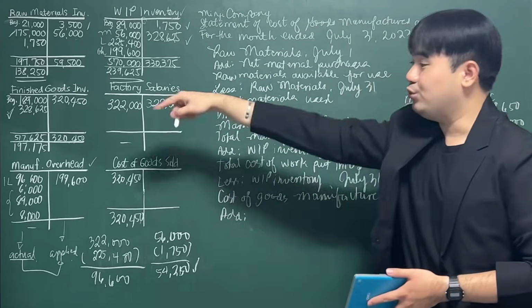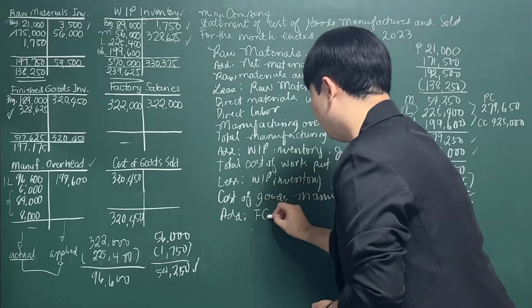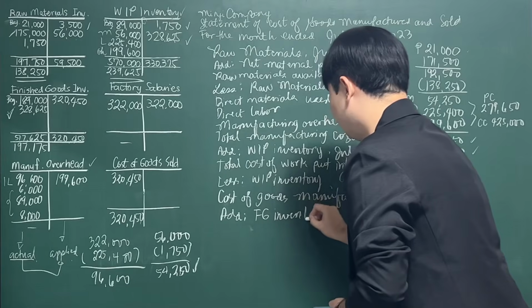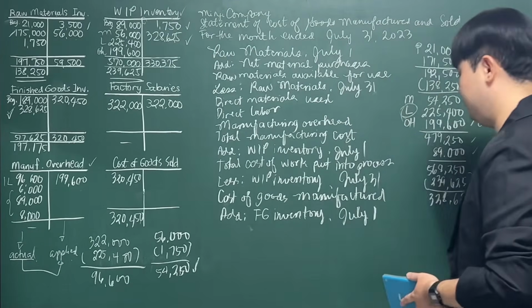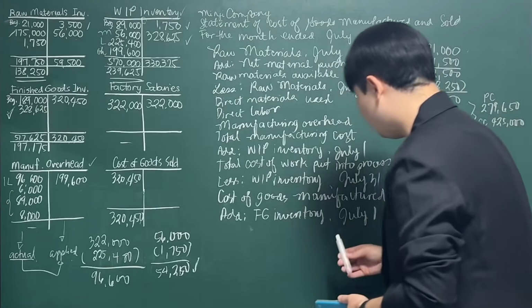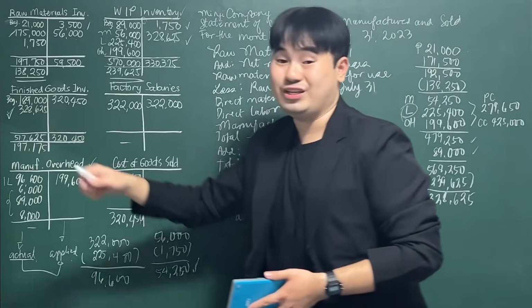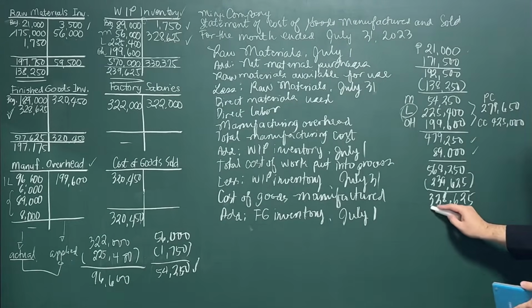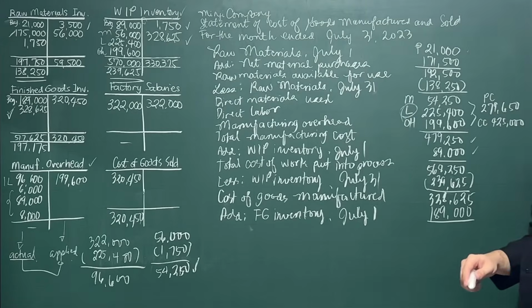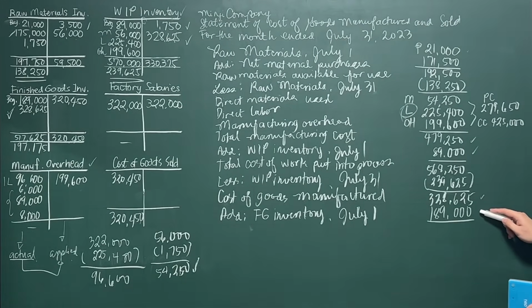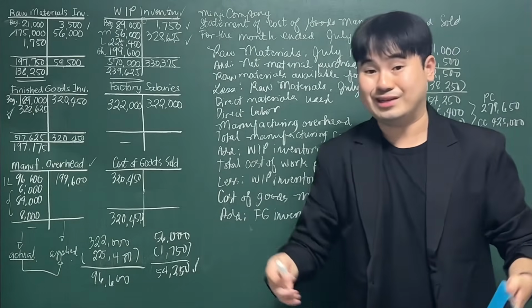Then we add now your finished goods inventory beginning. Okay, so at the beginning of the month, you have 189,000 finished goods. We add them together. If these are completed goods and you also have this in your stock room, so basically this is everything that you can sell, right?